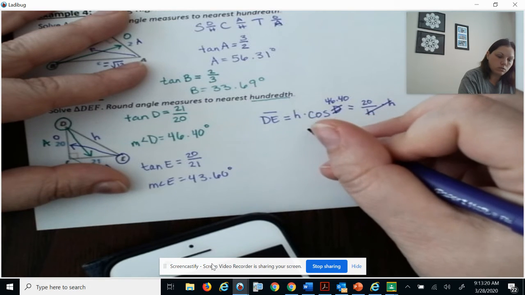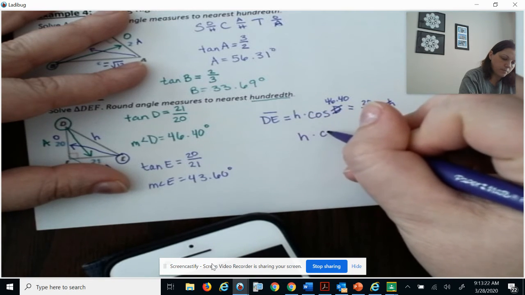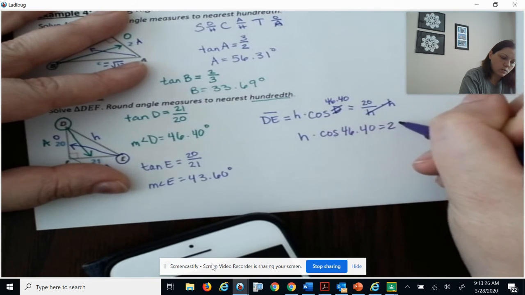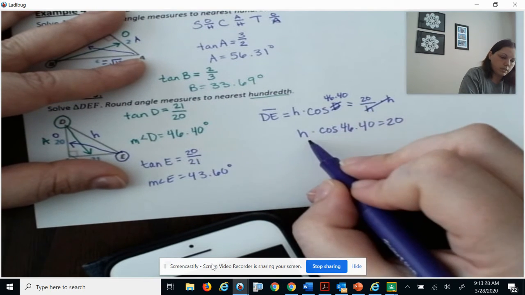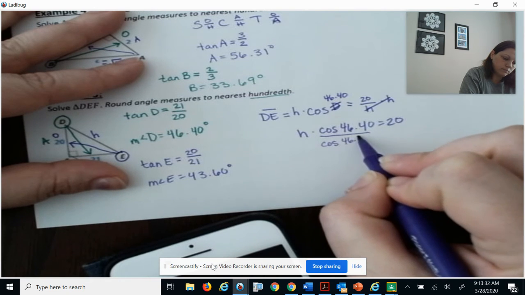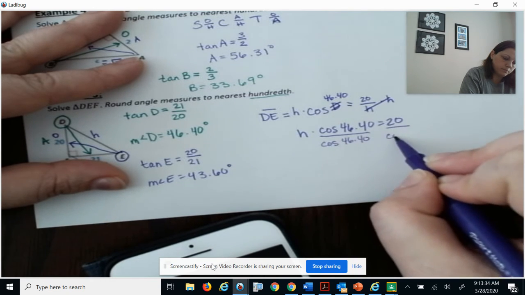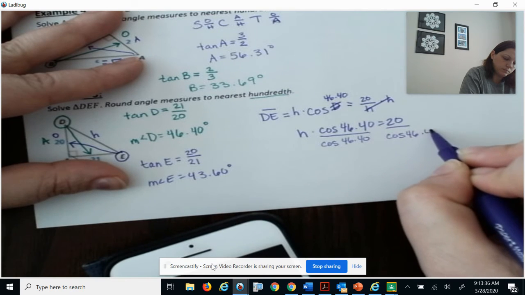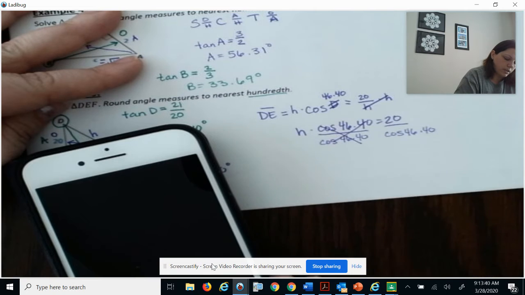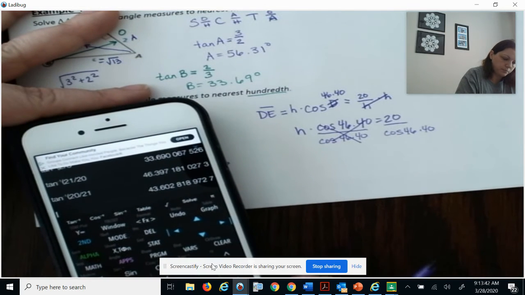And then I'm going to rewrite that. And then I'll divide both sides by that cosine. And then that cancels, and I solve for H.